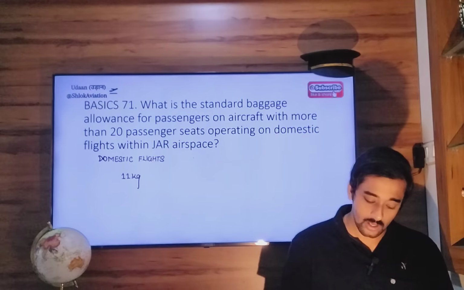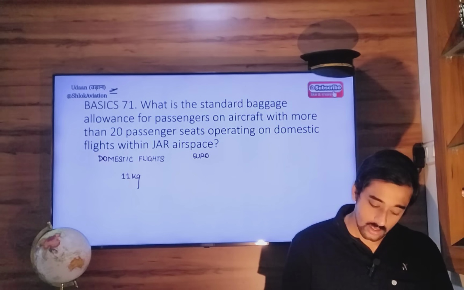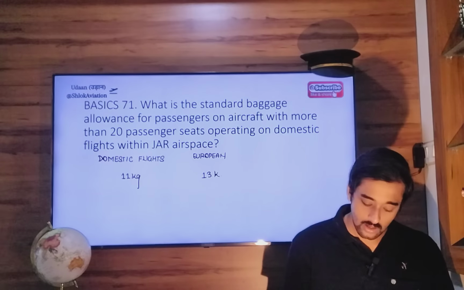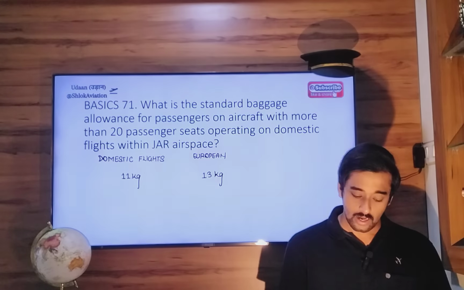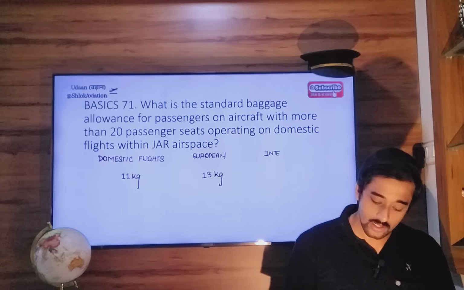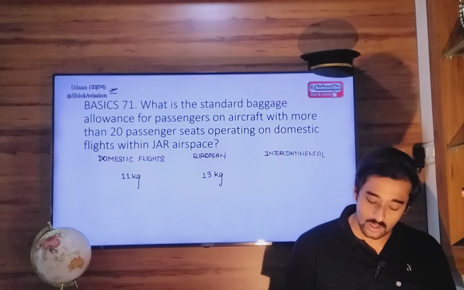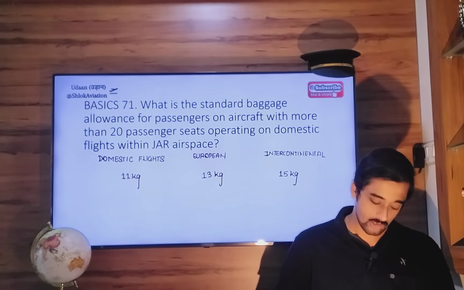Baggage allowance on European flights conducted within Europe is equal to 13 kg, and for intercontinental flights, the baggage allowance is equal to 15 kg. Okay, so remember these three values.